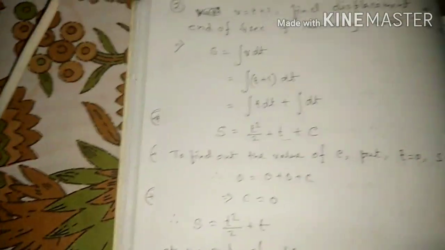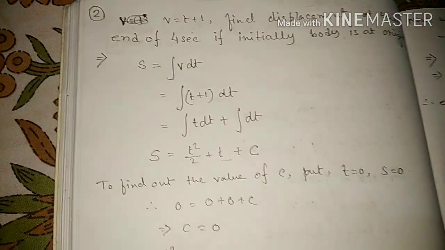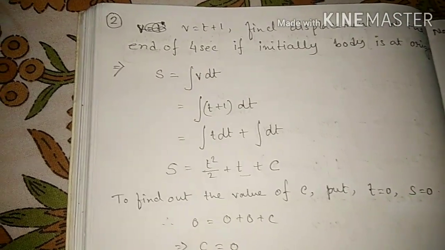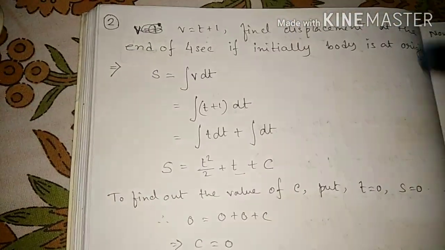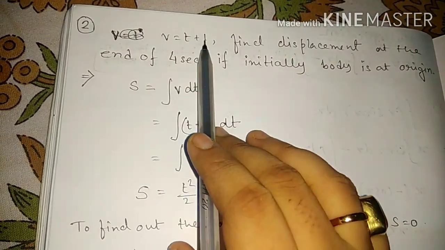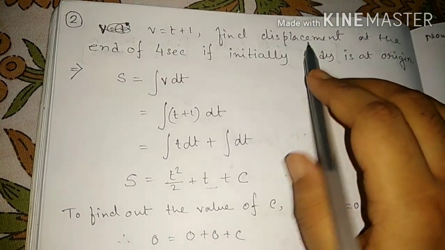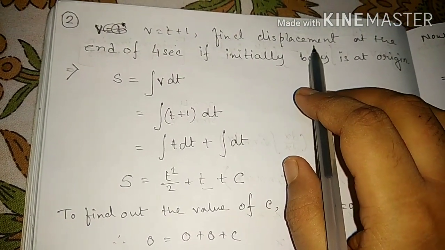Okay, let's take another example. In this example we use the same function, but it is a little different from the first one. Velocity is given as t plus 1. What do we find out? The same, we find the displacement, but here the limit is not given.